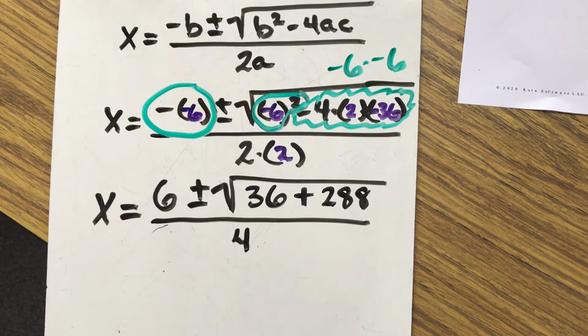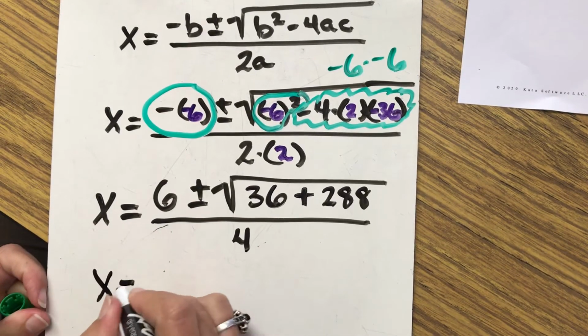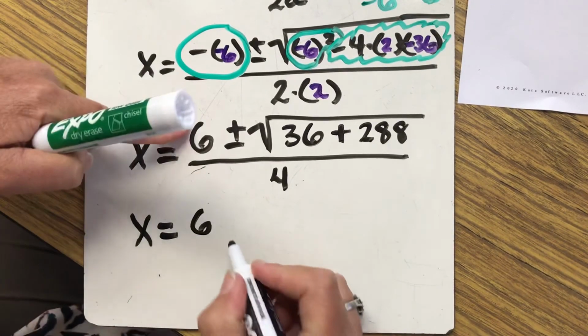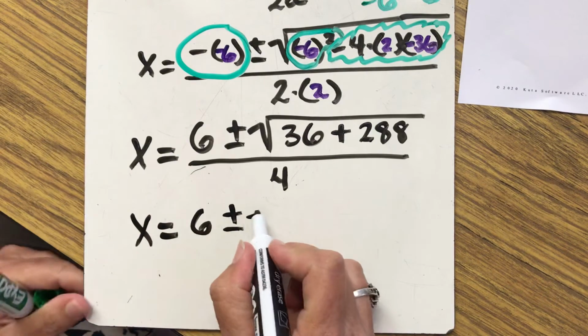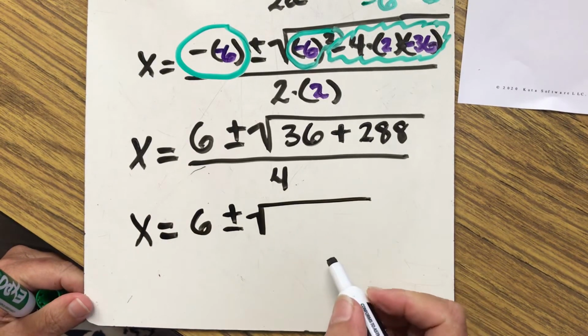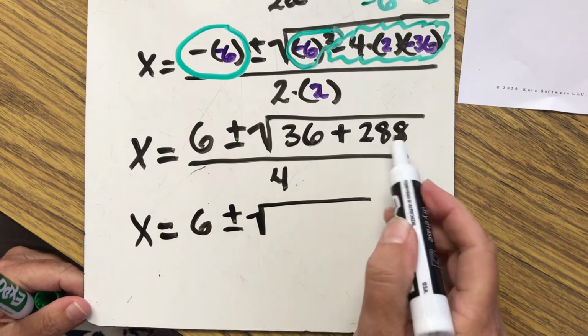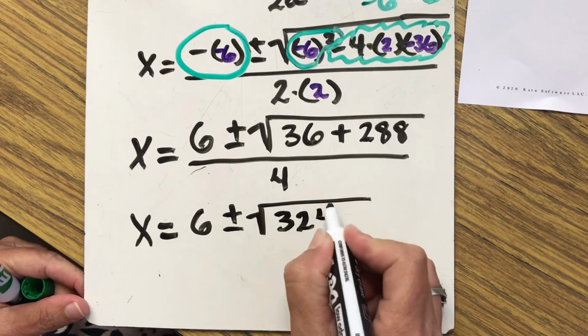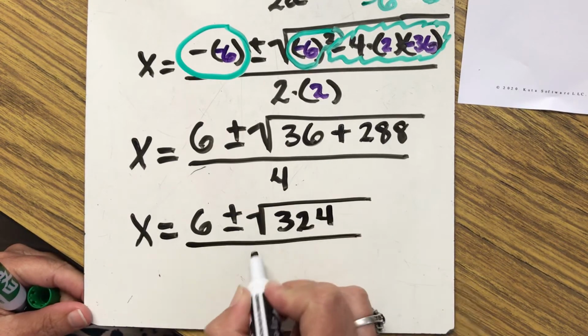So we have x equals 6 plus or minus the square root of 36 plus 288, which is 324. That's all over 4.